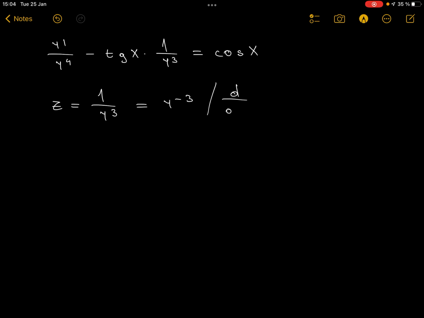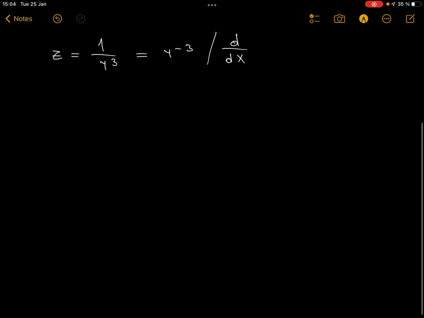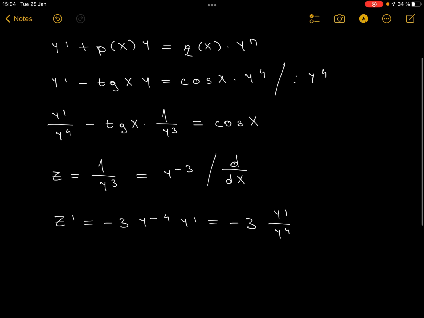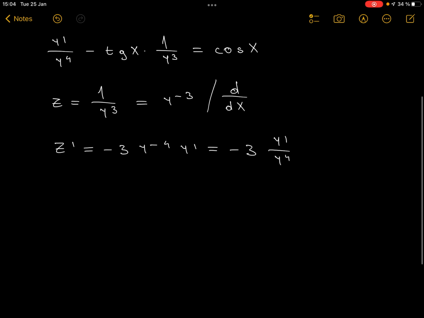Now, when we differentiate both sides with respect to x, of course, we're going to get that z prime is equal to negative 3 times y to the power of negative 4 times y prime, which is exactly the same as negative 3 times y prime over y to the fourth power.